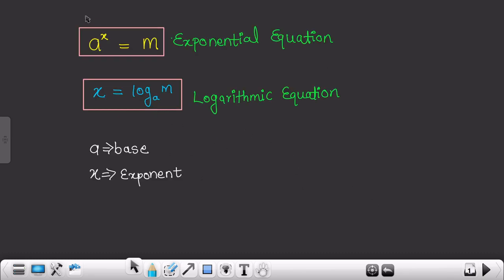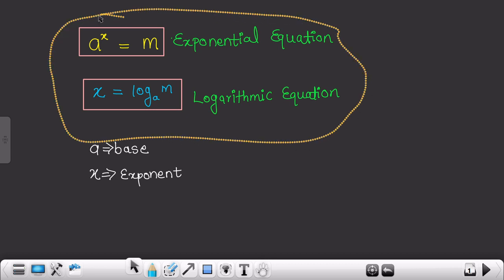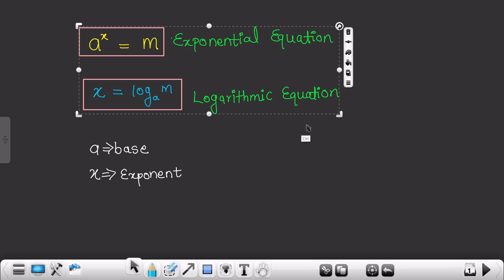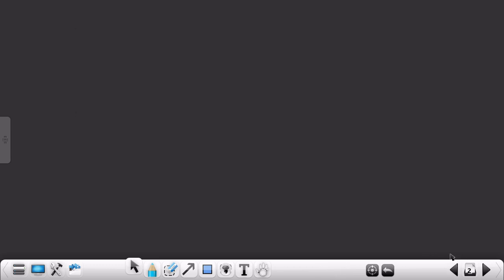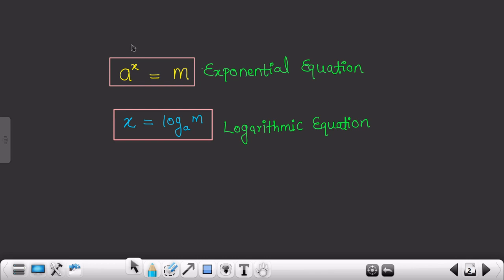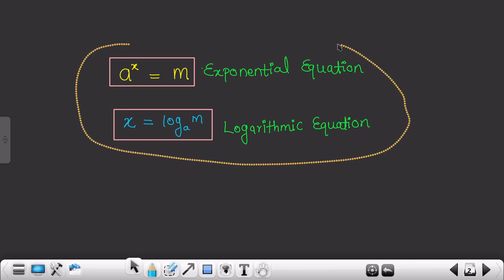Just a second. Extremely sorry once again. I will take this to the next page. Yes, Control C, Control V. Yes, so as you can see we have these two equations.